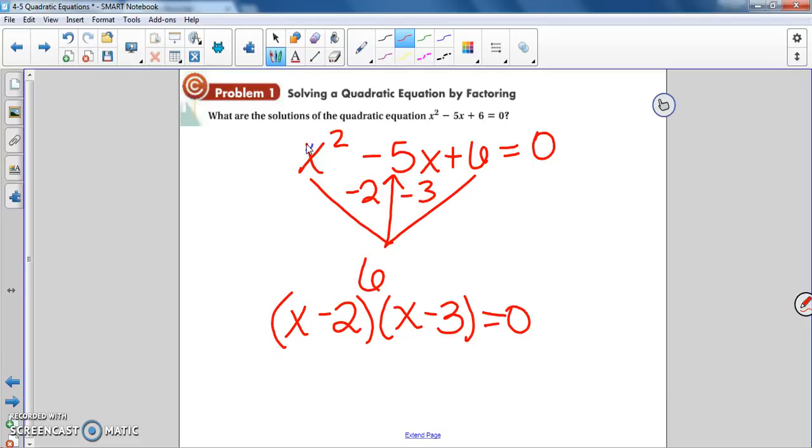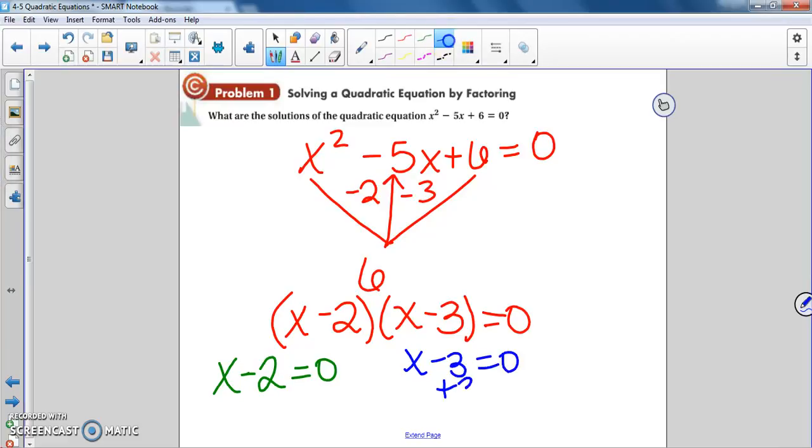Now I have something times something else equals 0, and this is where the zero product property comes in. And I'm going to set each factor equal to 0. So x minus 2 can be equal to 0, and x minus 3 can be equal to 0.